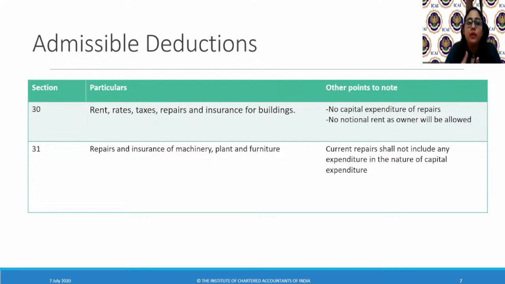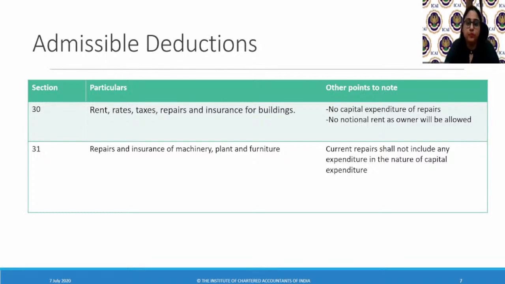If I'm conducting a business in rented premises, its rent would be allowed as deduction. Rates and taxes are the municipal taxes and rates which you pay for it. If I am doing any repair in the building which is used for PGBP, again, any asset which is used for PGBP, any expense which is in the nature of PGBP would only be considered for deductions.